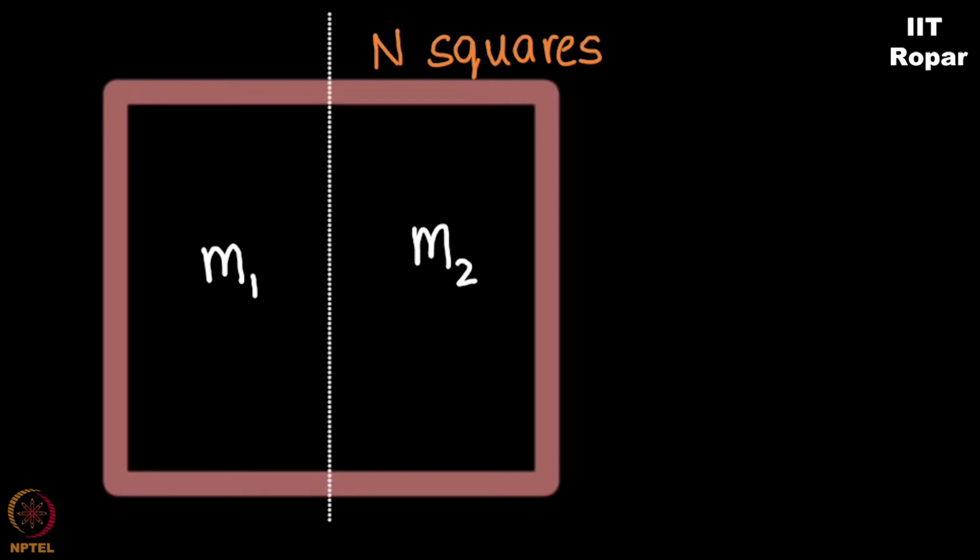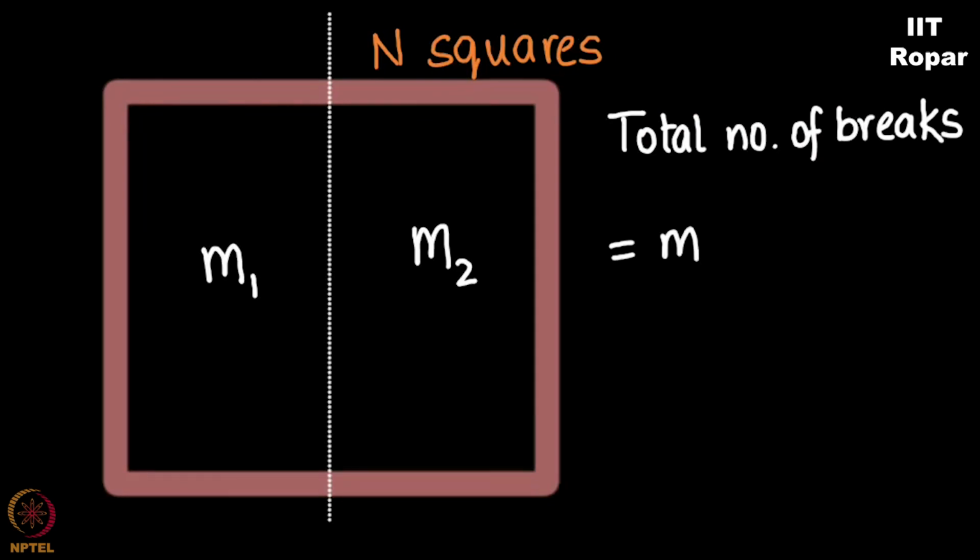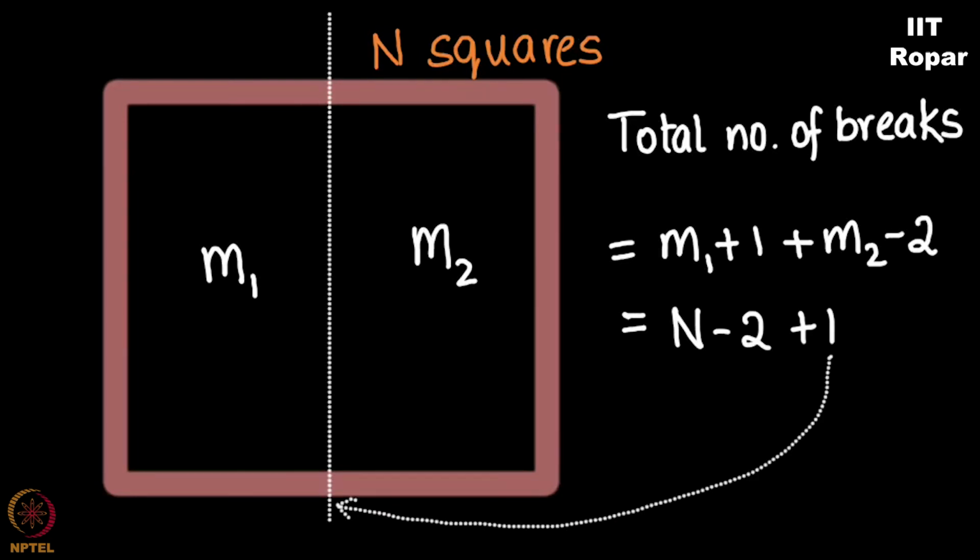And this m1 can be broken completely with m1 minus 1 breaks, and m2 can be broken completely with m2 minus 1 breaks, which means the total number of breaks with which you can completely dismantle this chocolate of n pieces is m1 minus 1 plus m2 minus 1, which is m1 plus m2 minus 2. m1 plus m2 is n, so it's n minus 2, but then you broke it once to make m1 and m2, which means you should add 1 to it and you will get n minus 1.